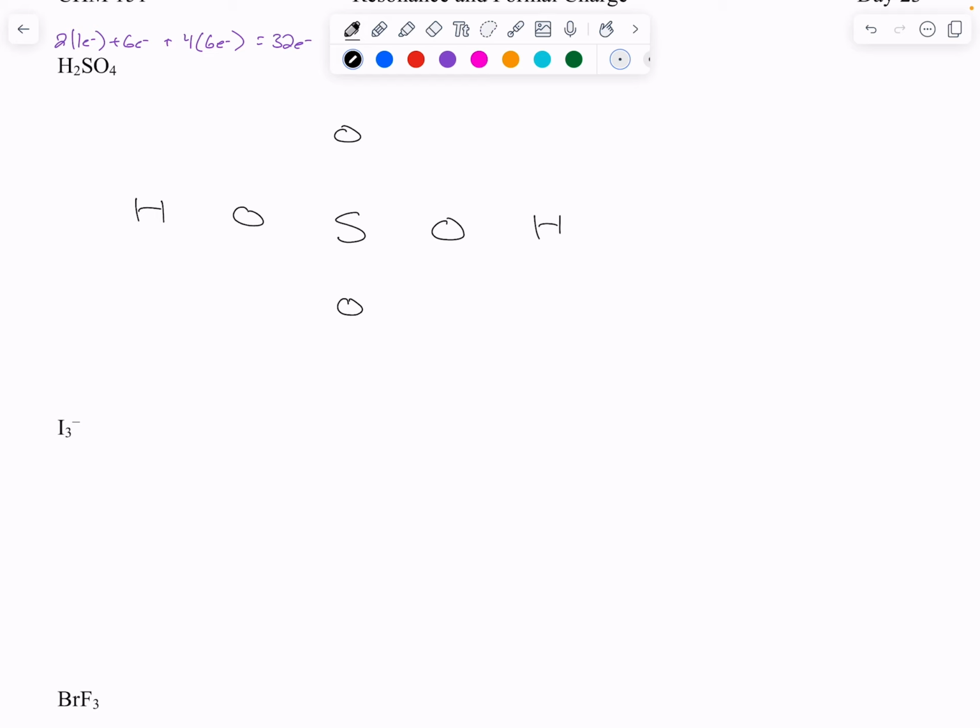So 2, 4, 6, 8, up to 32. Now, that works out. And in fact, that's not a violation of the octet rule, because sulfur has 8.